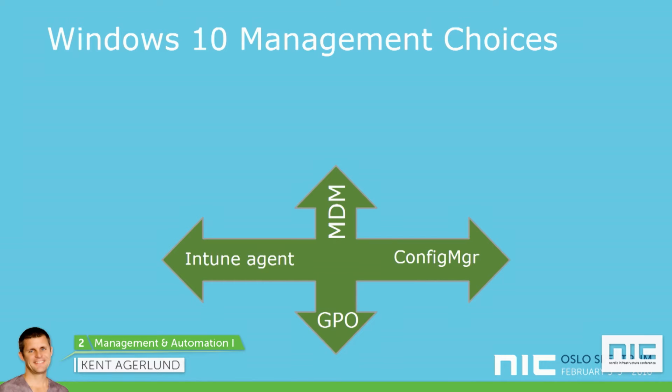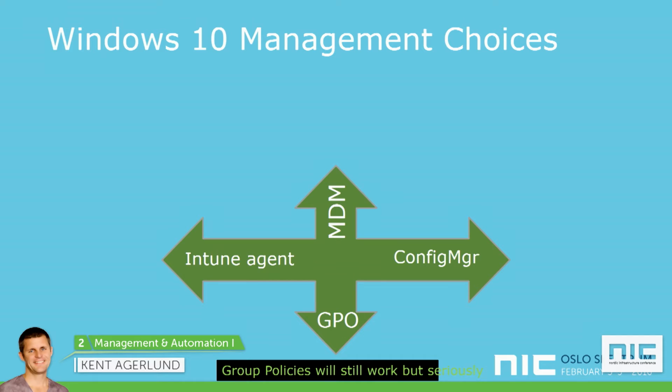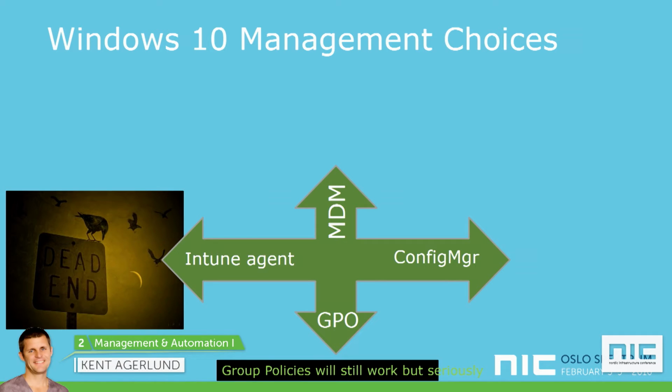The management choices that we have, as I mentioned, we have GPOs. They still work, but I'm like, seriously? It's not that I don't understand them, I just don't want to touch them at all. Then we have the Intune agent, and this is not a public statement from Microsoft. It's me saying, the Intune agent, that's kind of a dead end. You don't want to do that, and I'm not saying enrolling into Intune.